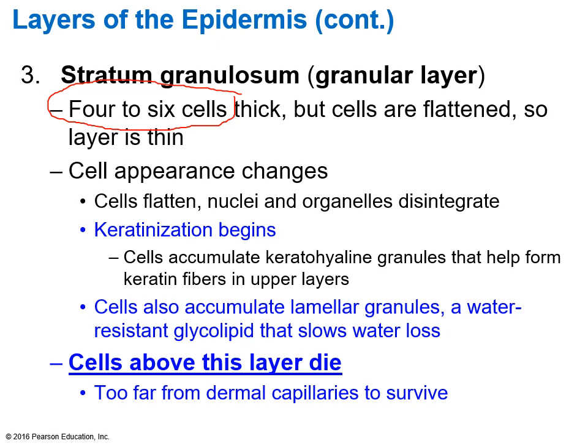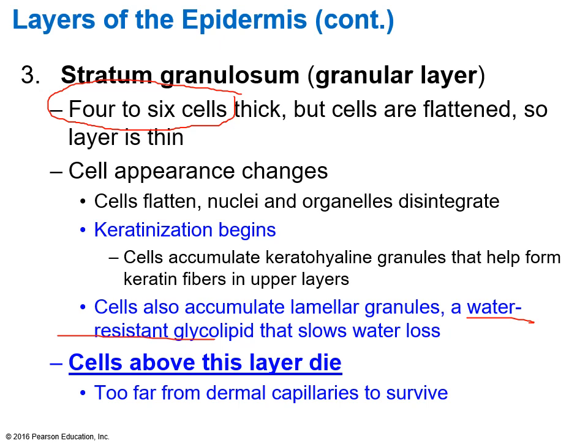And keratinization basically means that we're now going to start collecting keratohyalin granules, and these are going to allow for lamellar granules to be secreted, and this will allow for a water-resistant glycolipid to form that forms a waterproof barrier. So let me try to say that again because I felt like I just threw a lot in within a small period of time.